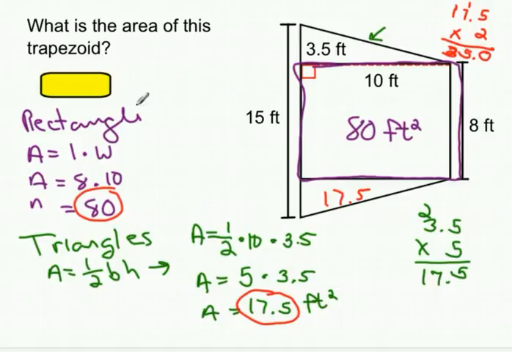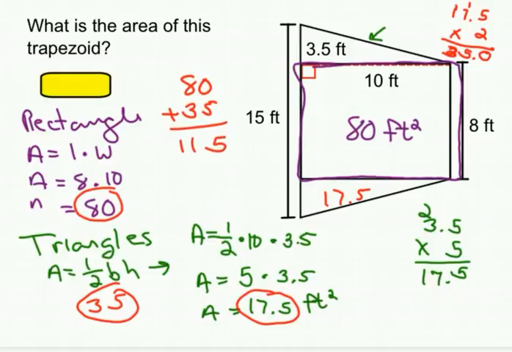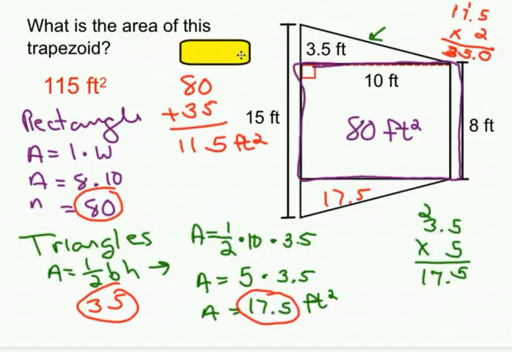So I'm going to take the area of the triangles, which is 35 square feet, and the area of the rectangle, and I'm going to combine those together to come up with the total area of 115 square feet. And so if you came up with that answer, you got 100% on that problem.